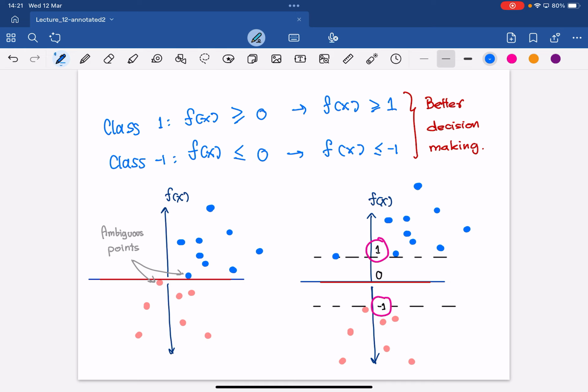Even though it touched the boundary, this additional boundary saves us from the ambiguity of points that are touching the line. These two are actually the ambiguous points because they directly touched the thresholding.